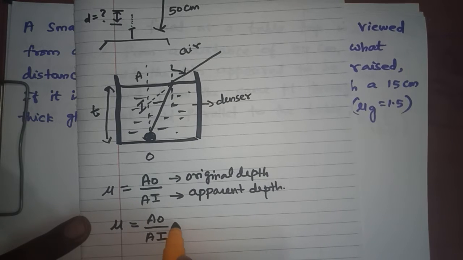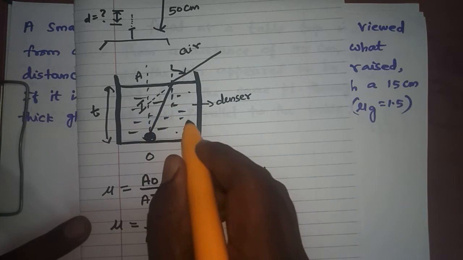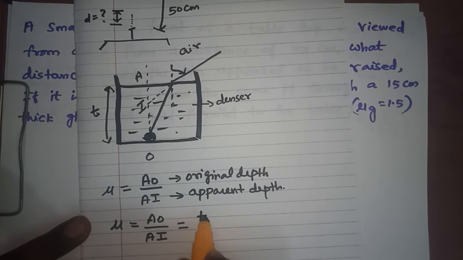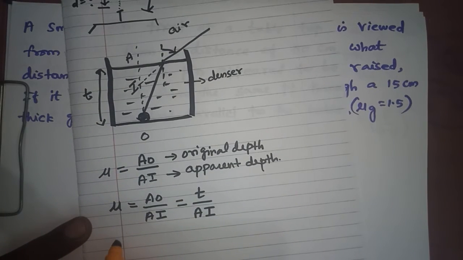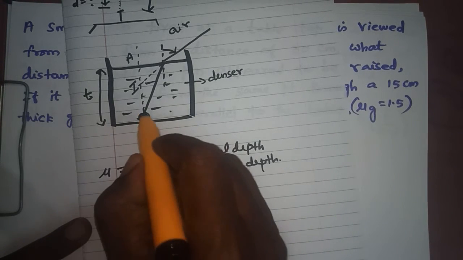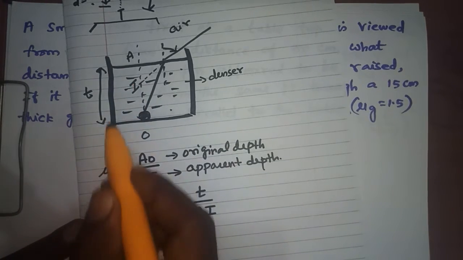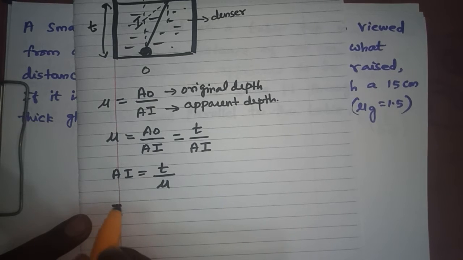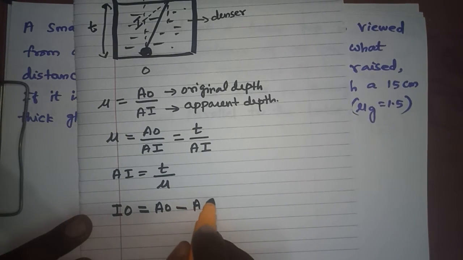A naught is equal to the thickness of the water, t, so mu is t by AI, and AI is equal to t by mu. I want to find out how much this object seems raised from the bottom position to this position. That position, IO, is the original depth A naught minus the apparent depth AI.